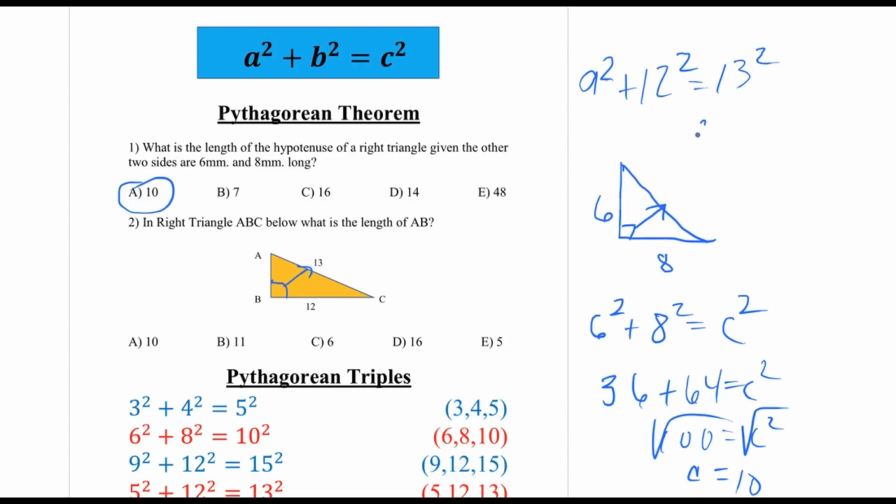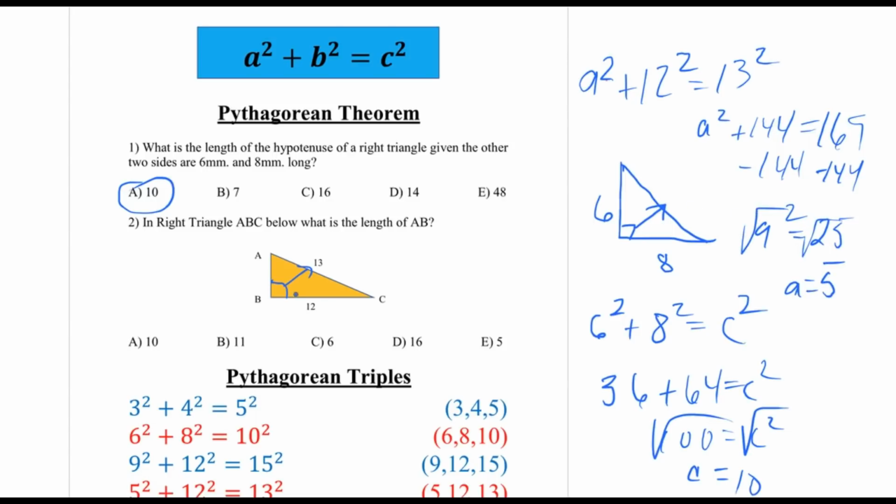So it's A squared plus 144 equals 169. Subtract 144 from each side. A squared equals 25. Take the square root of both sides, and A equals 5. That's answer choice E. That's the famous 5, 12, 13 Pythagorean triple.